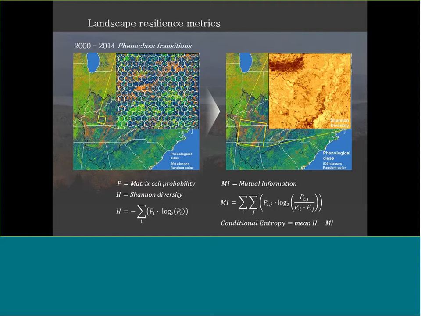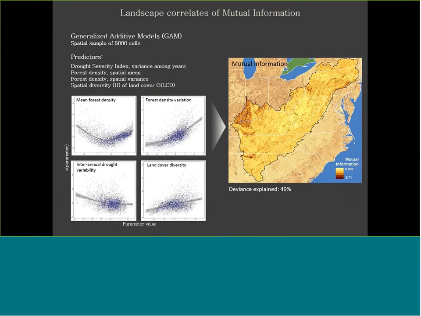But there are a whole family of these metrics from information theory, like the mutual information and the conditional entropy. I don't want to spend too much time on detail, but I do want to show you some of these maps of these new landscape resilience metrics for the LCC, because they show very interesting patterns.